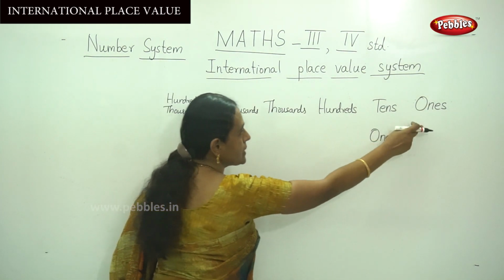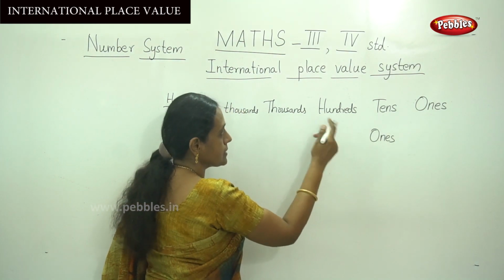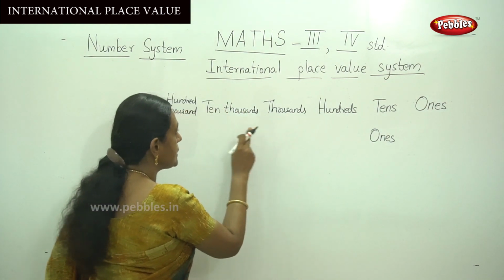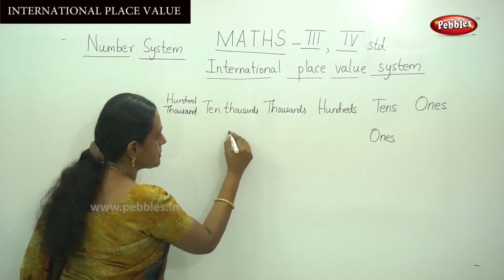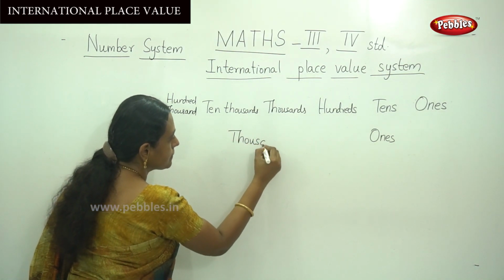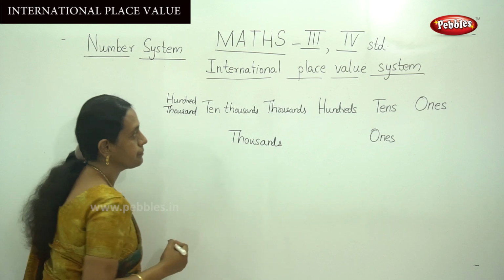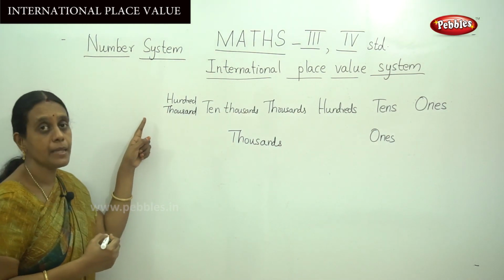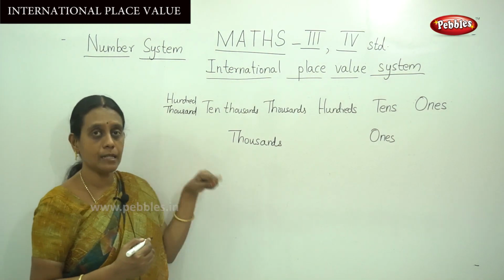These 3 columns, ones, tens, hundreds are the ones period. And 1,000, 10,000, 100,000 come under thousands. Next one, that is million, 10 million, 100 million.